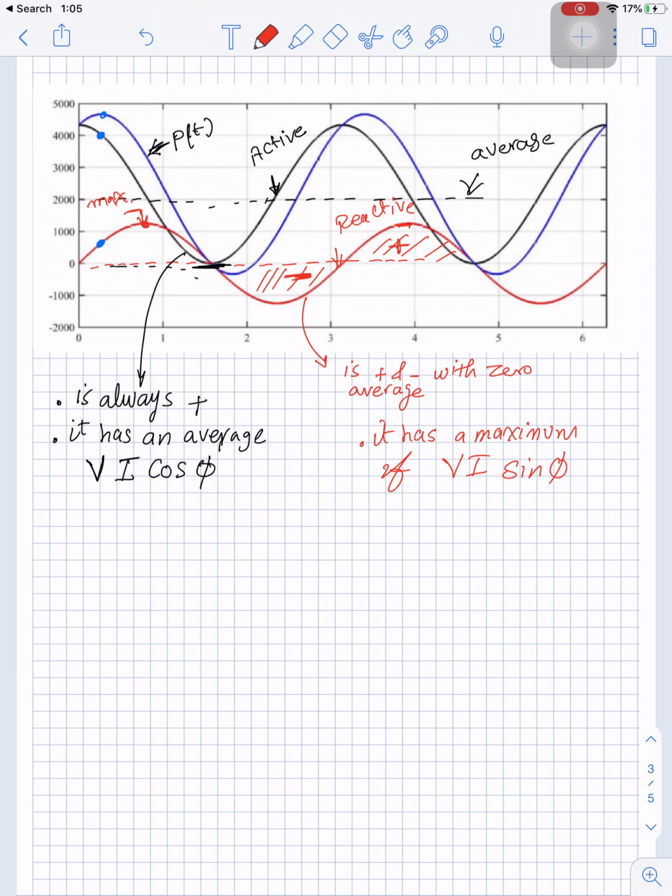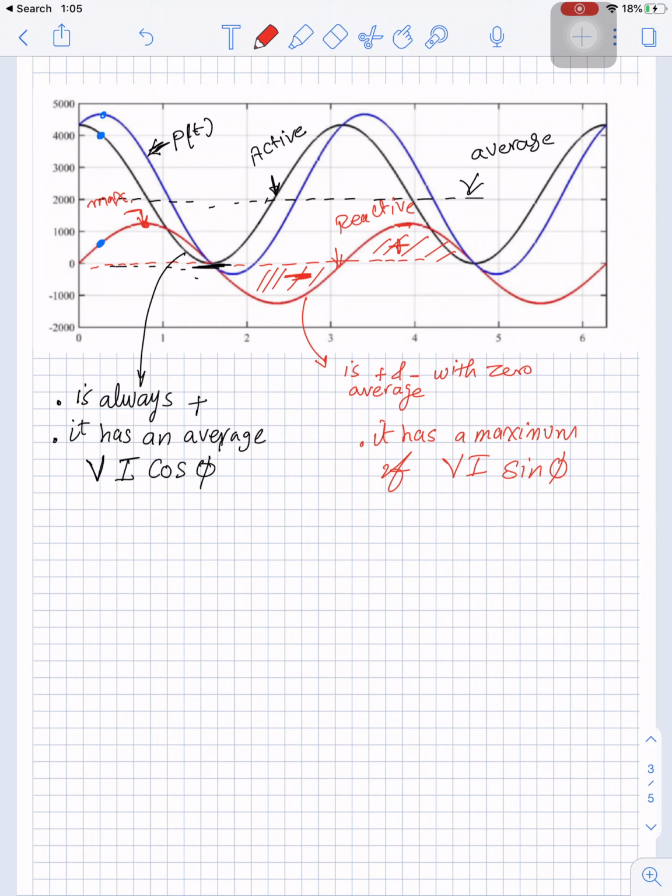It has an average, so there is an average consumption, or an energy consumption. The reactive component has zero average, but it has a maximum value. And it is positive and negative, meaning it goes back and forth between the source and the load. That's why we call it reactive or interactive.